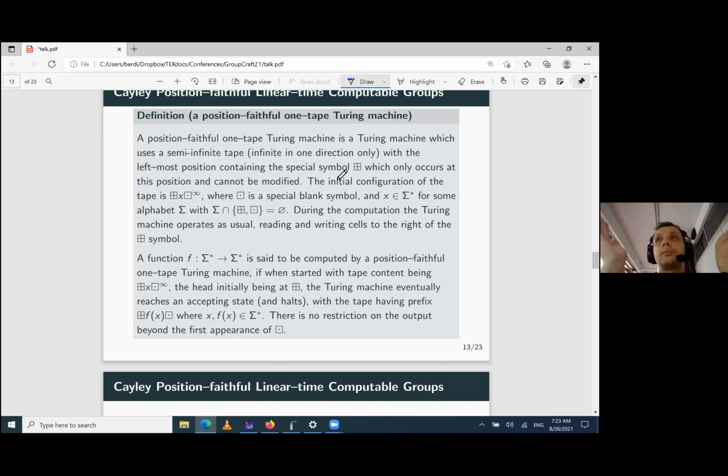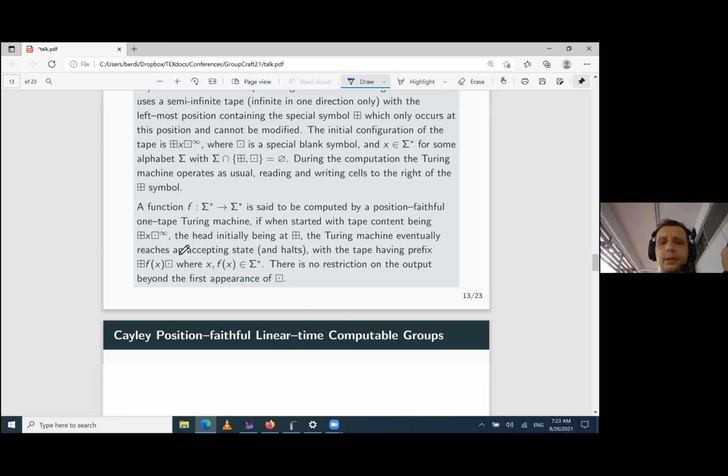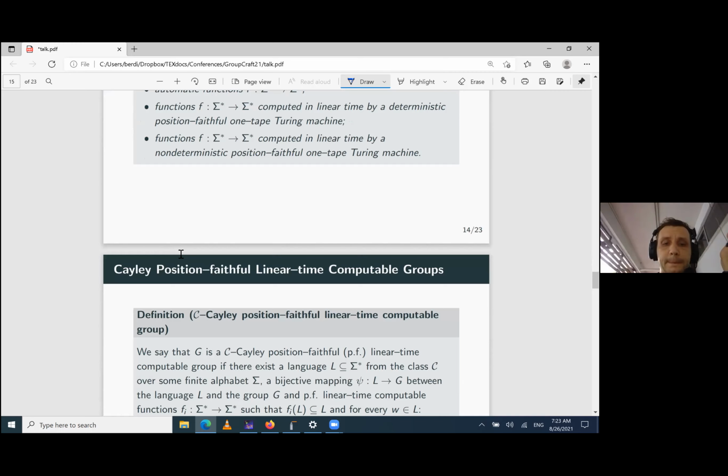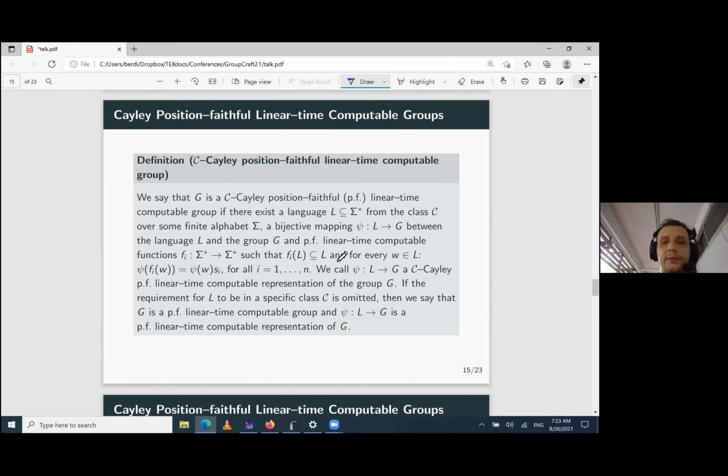For example, you may assume that it is, let's say, deterministic context-free, right? Or maybe another class of languages. So here we have a definition.